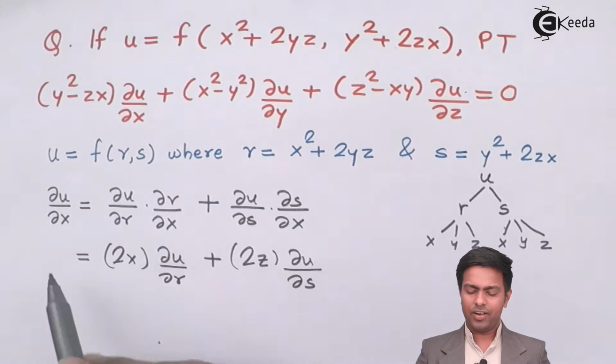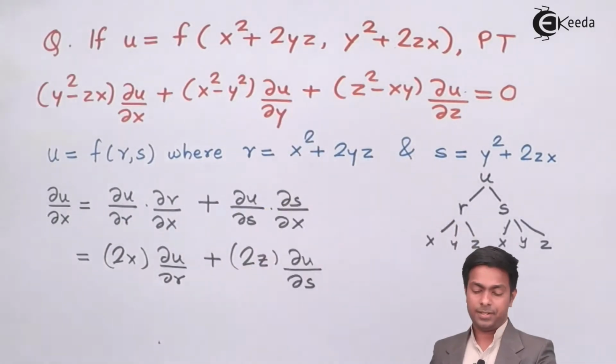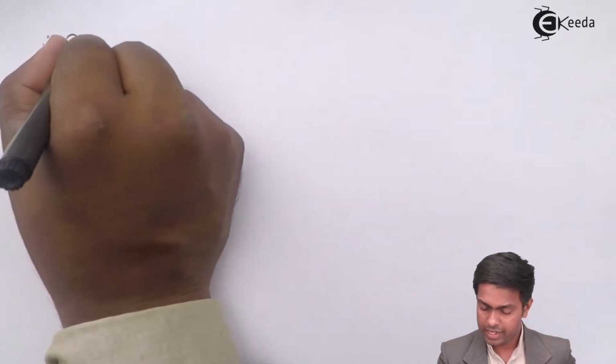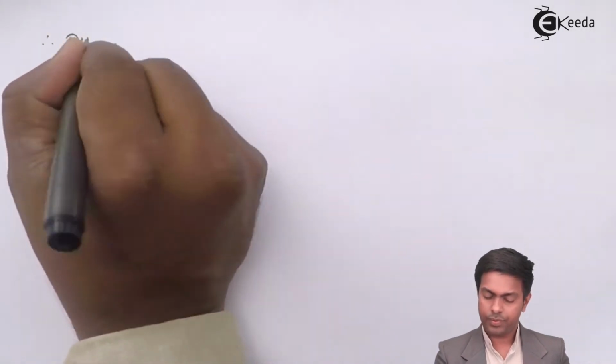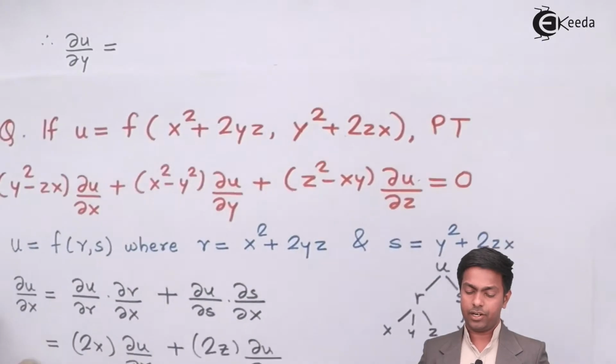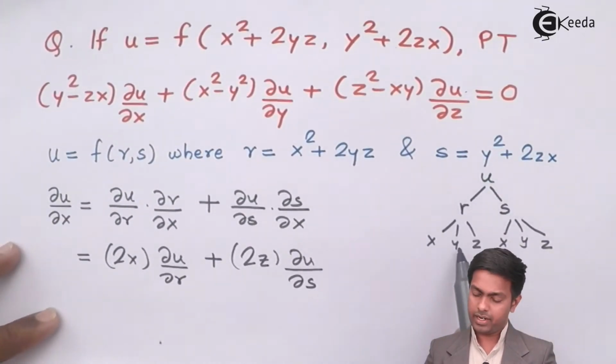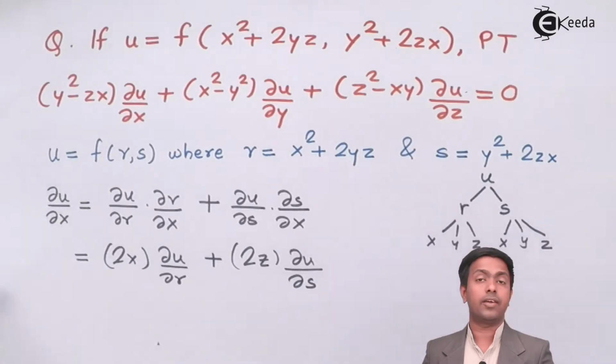Now similarly we'll find the value of del u by del y. So the value of del u by del y is equal to, first of all, we'll apply the chain rule from u to y. So del u by del r into del r by del y, then del u by del s into del s by del y.